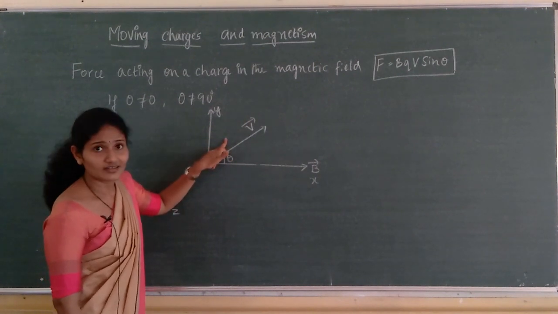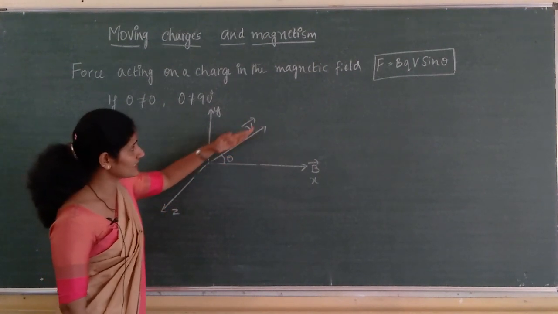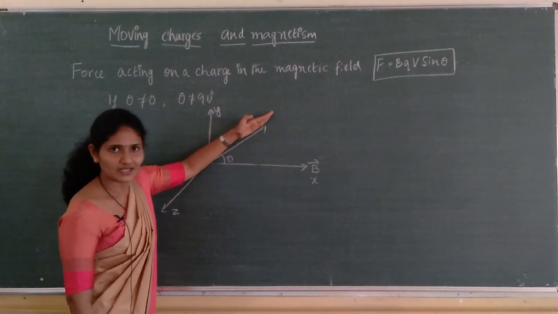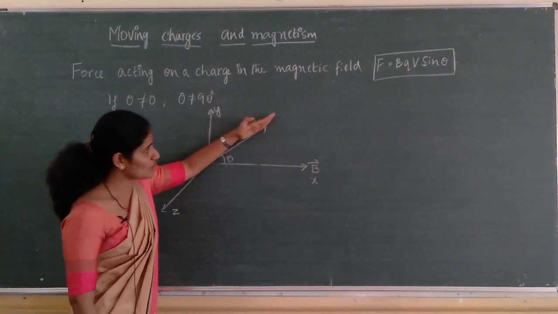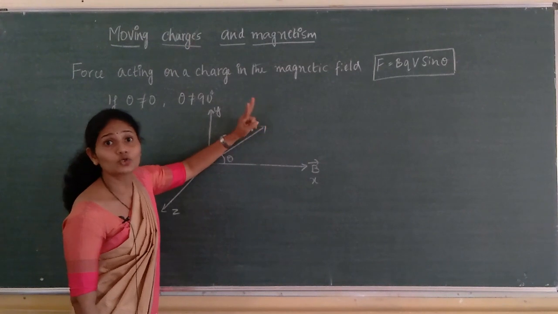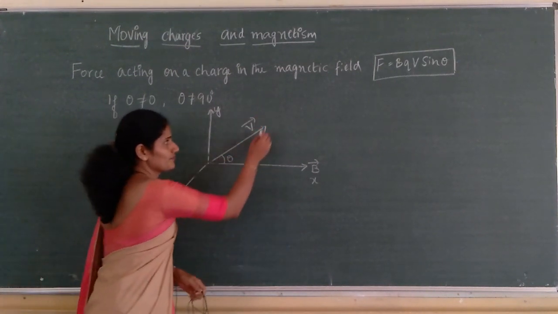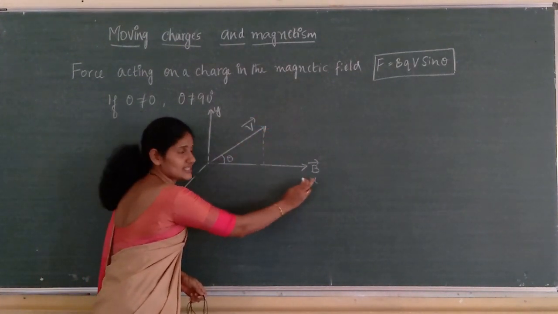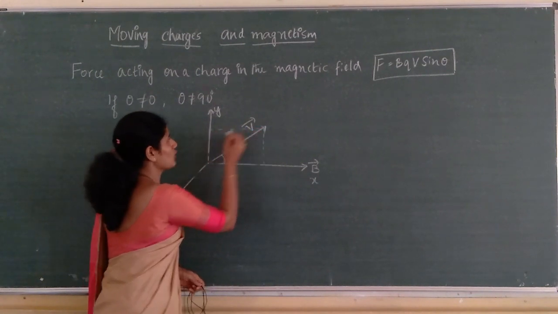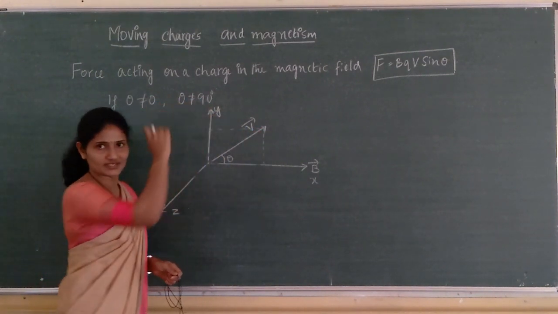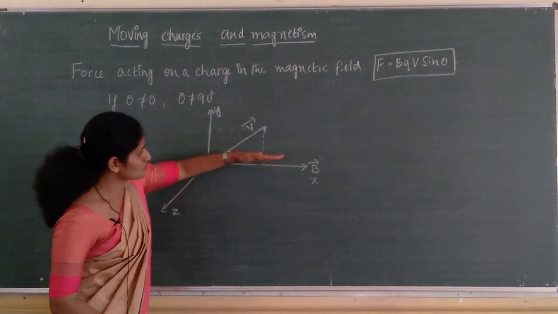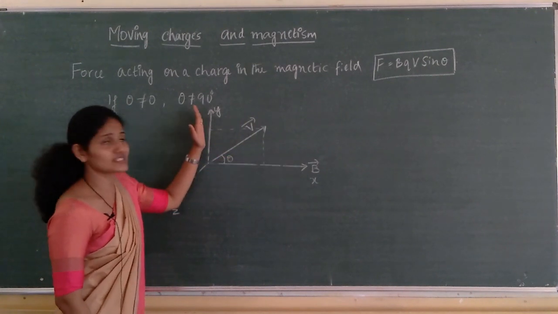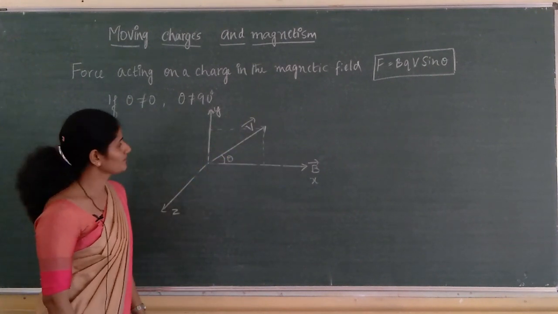But here, the vector is in a plane, so it has two components: one is the x component along the x-axis, another is the y component along the y-axis, or one is the parallel component, another is the perpendicular component.